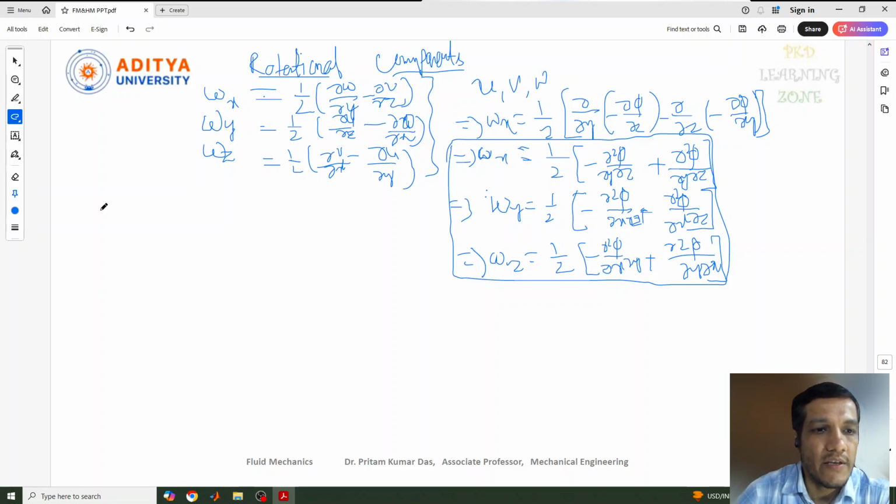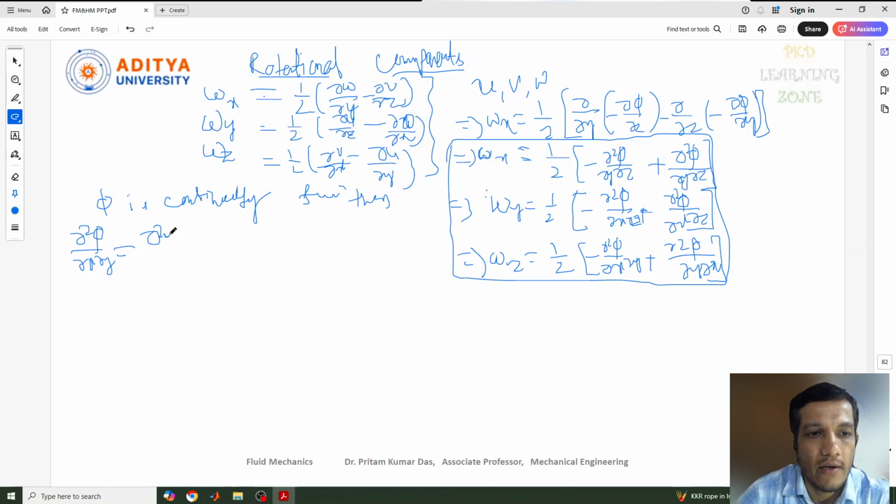Now suppose if phi is a continuous function, then we can write what? Del square phi by del x del y equal to del square phi divided by del y del x.